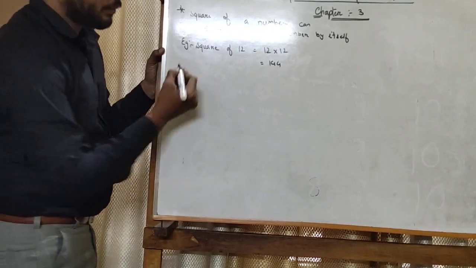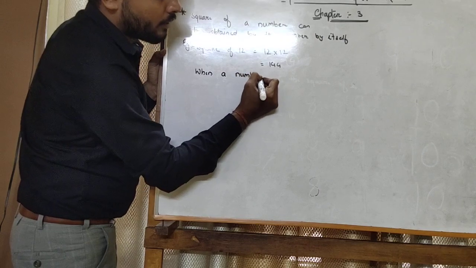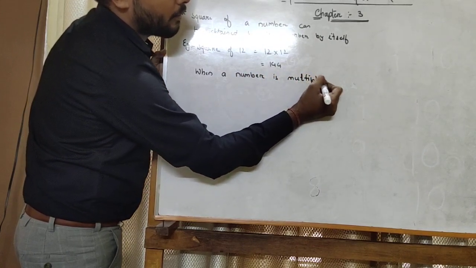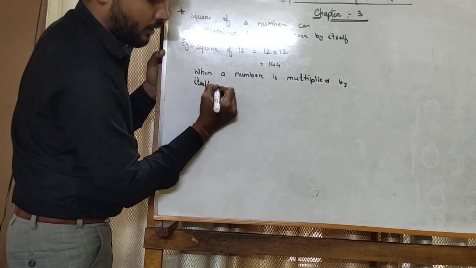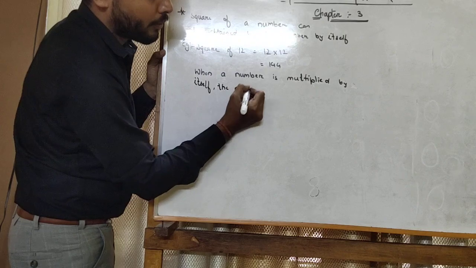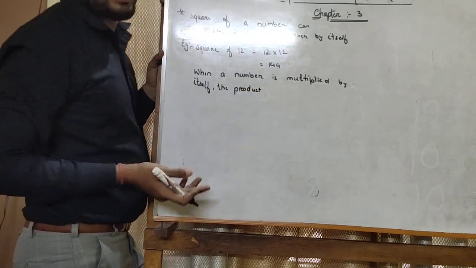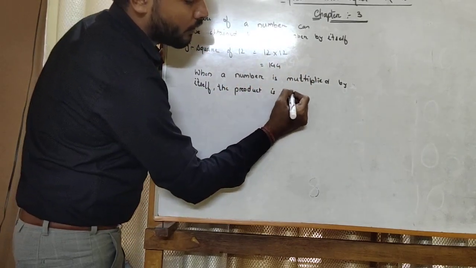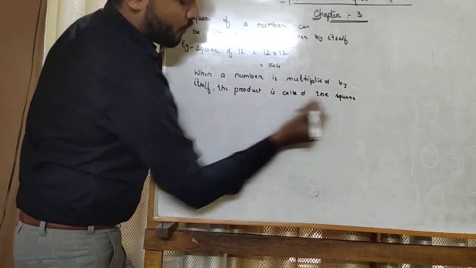When a number is multiplied by itself, after multiplying the two numbers we will obviously get a product, and the product is called the square of that number.